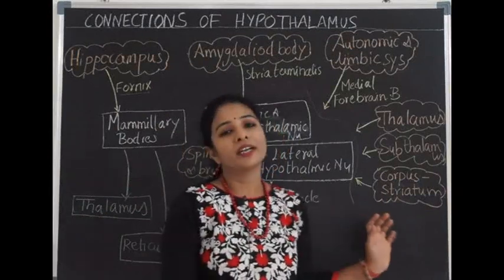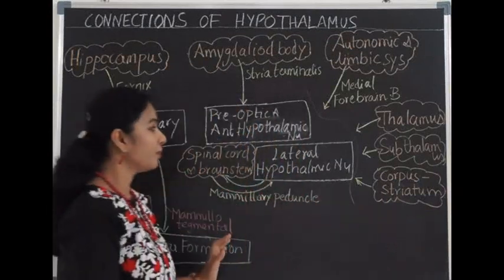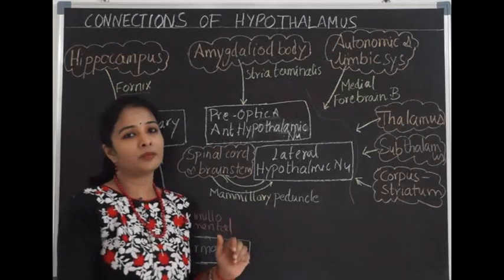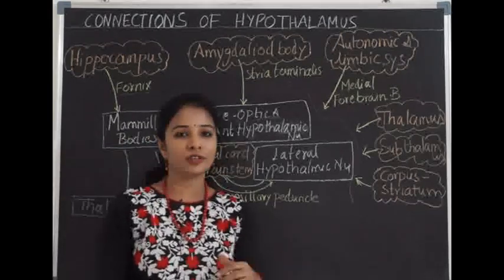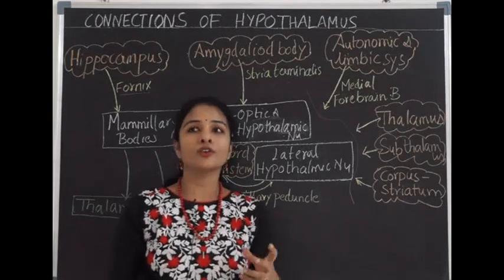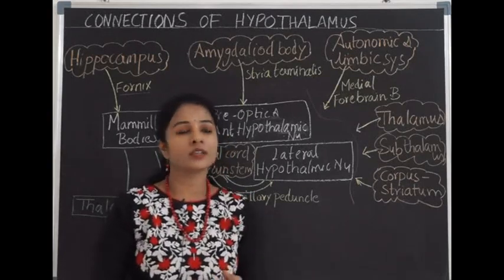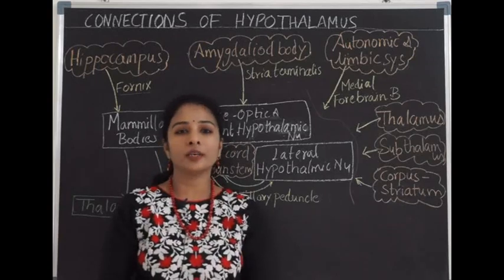So this is the schematic picture to show the connections of the hypothalamus. We know the hypothalamus has several nuclei which have afferents and efferents, and the connections of the hypothalamus are quite complex. Now we are going to discuss only the important connections.